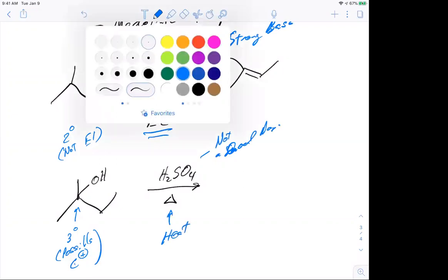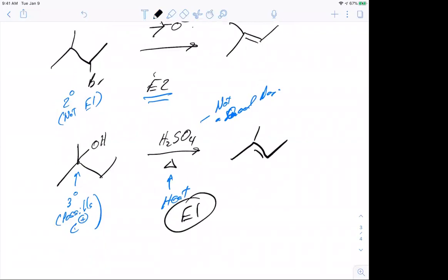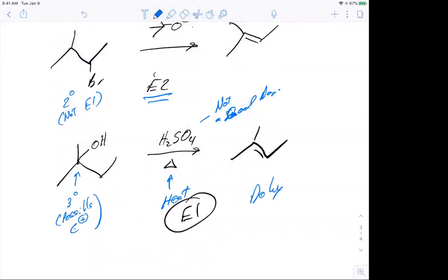What's going to happen is that this one is going to form the same product, but this one is doing it through an E1. If you have this type of reaction where we're getting dehydration, this specific reaction, kind of like we did the solvolysis with the SN1, solvolysis is almost always SN1. So solvolysis by definition is an SN1. Here, this dehydration with an acid, either sulfuric acid or phosphoric acid, is going to give us E1.